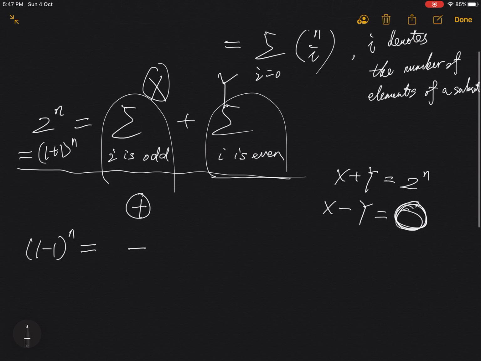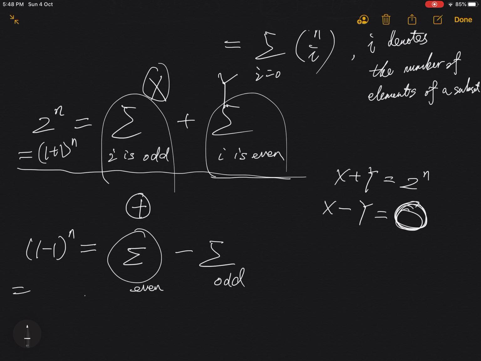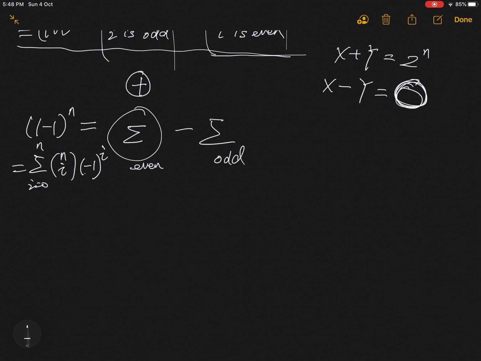And then we can get this is when I is even, this is when I is odd, and the general term is the sum of I starting from 0 to n, n choose I, and the sign is minus 1 to the power of I. So when I is even, the sign is positive, and when I is odd, the sign is negative.